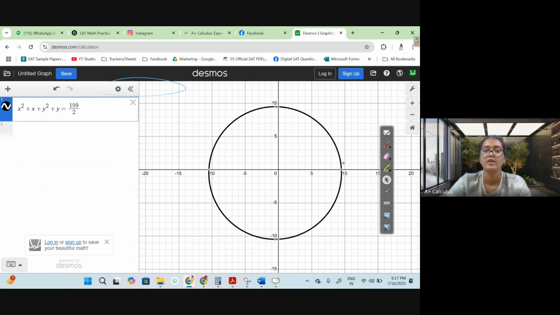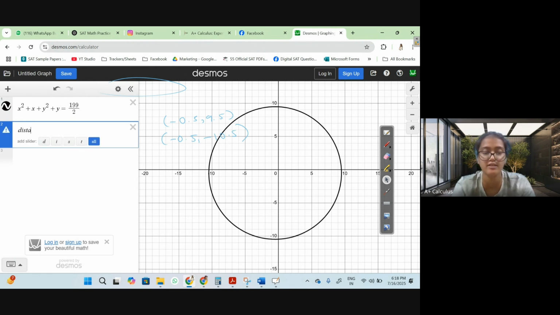Now, you find the two extreme points of the circle. The topmost point is this, and the bottommost point is this. Now find the distance between these 2 points. So these 2 points are (-0.5, 9.5) and (-0.5, -10.5).